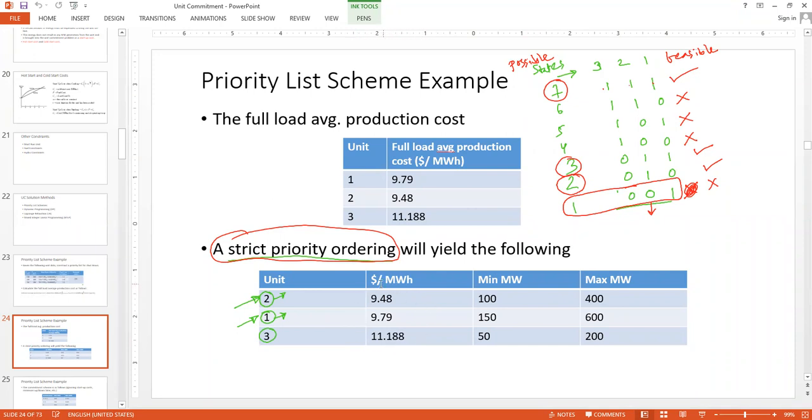That means the lowest cost unit is turned on first, then the next lowest cost unit, and finally the highest cost unit is turned on to supply the demand. So implicitly, we are taking care of the cost optimality when we are talking about the strict priority ordering.